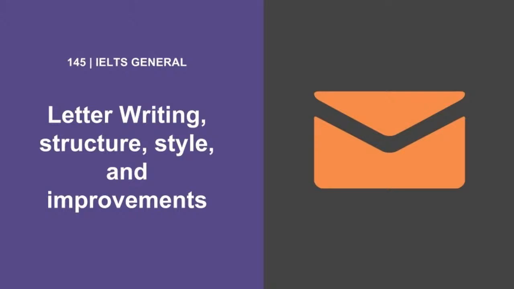Bullet point 2, the reason for your complaint. Bullet point 3, what you would like from the company you're writing to. And these 3 bullets will be your 3 paragraphs, and that's how easy it is to structure the Task 1.